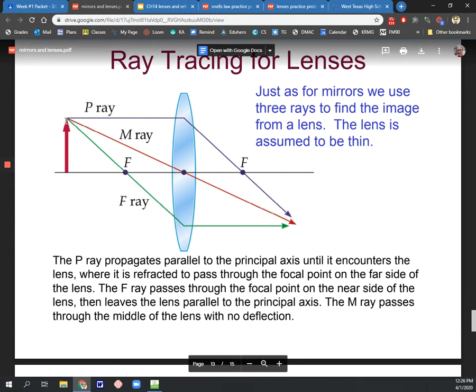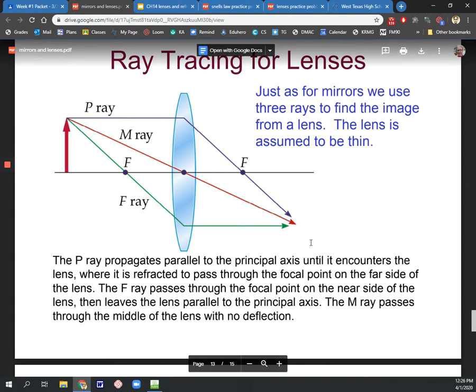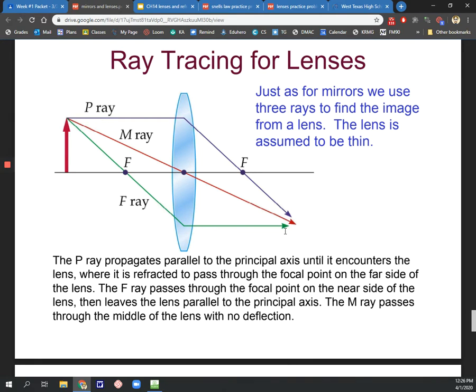And so all of these are going to form right here, which means that the image you're going to get from this particular one is going to be inverted. Now, because these light rays are converging, you're going to get a real image. It's not going to be a virtual image. It's actually going to project it upside down at this position right here.